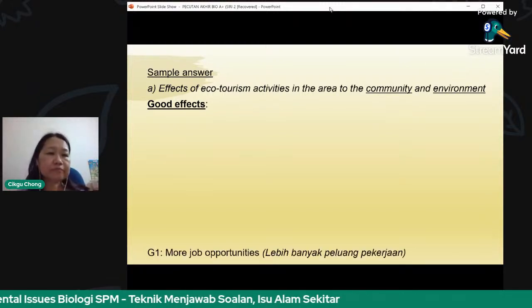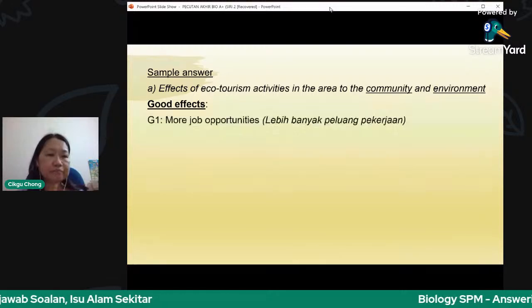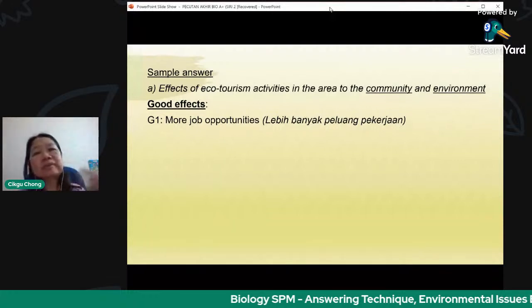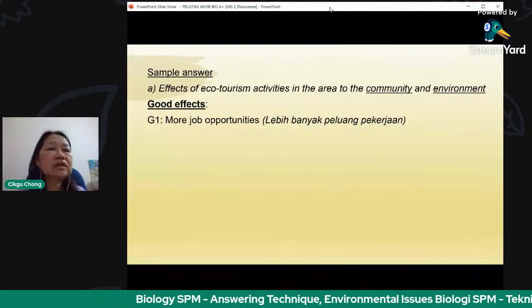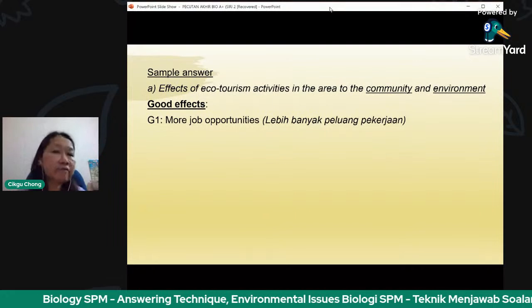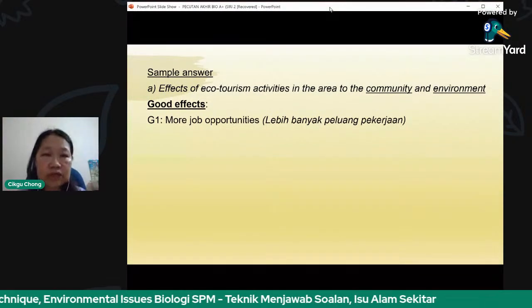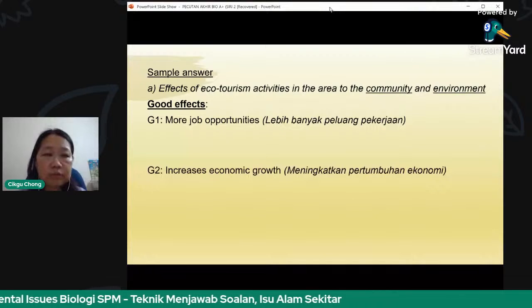Good effects. Ecotourism brings in more job opportunities. You have the pemandu pelancong, the tour guides and all that. They will be able to find jobs. These are points given. G means good points, the good effect. Increases economic growth.